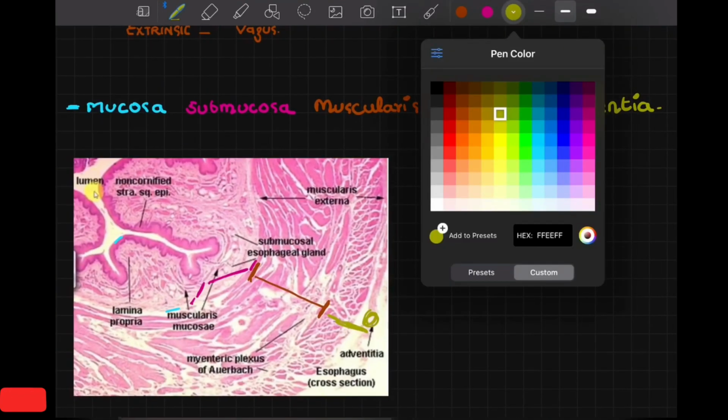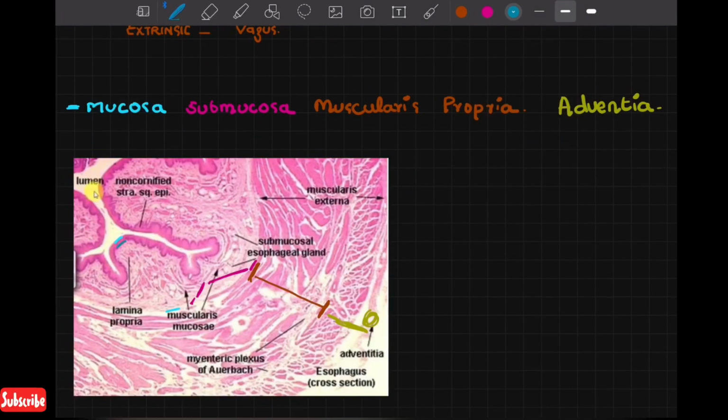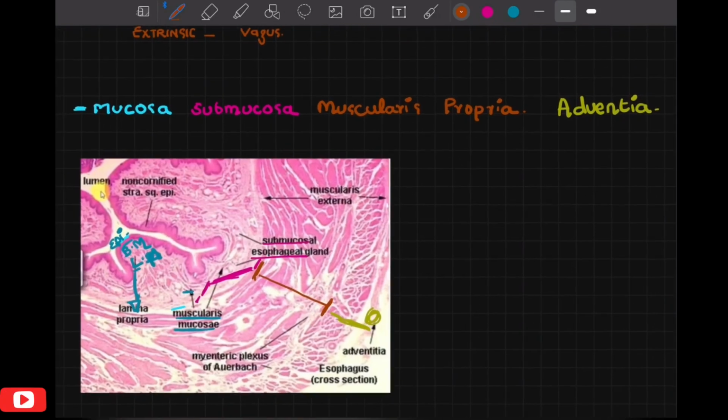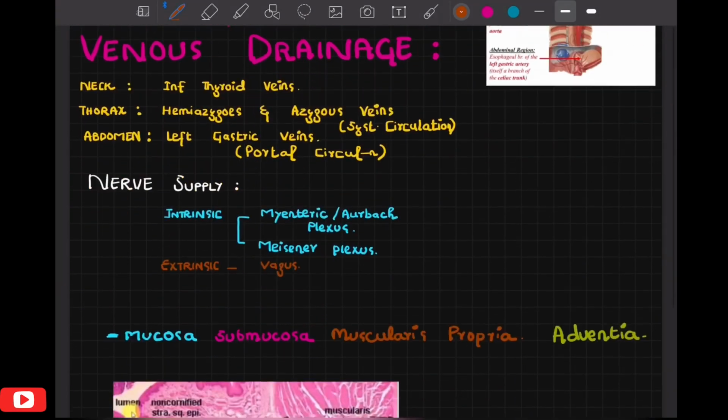The topmost is the epithelium, which is a non-cornified stratified squamous epithelium. Then we have the basement membrane and the lamina propria. Just below or external to that, we have the muscularis mucosae. And then we have the submucosa and the muscularis propria. The muscularis propria contains the circular and the longitudinal muscle layers. On the outside, we have the adventitia.